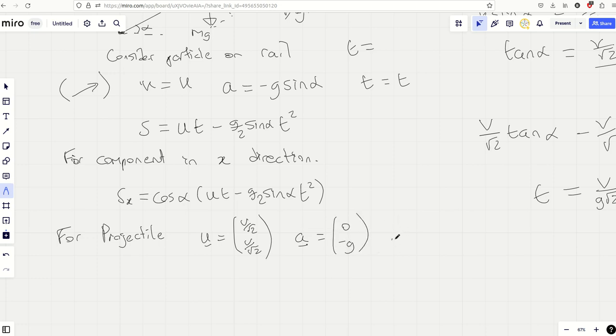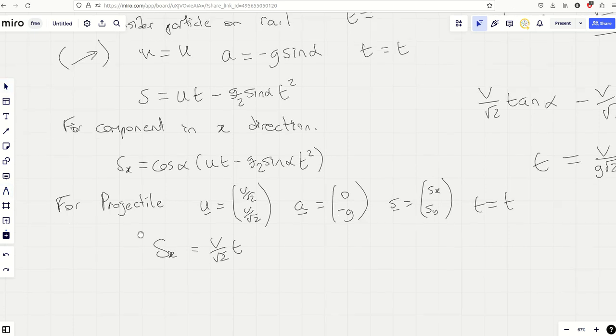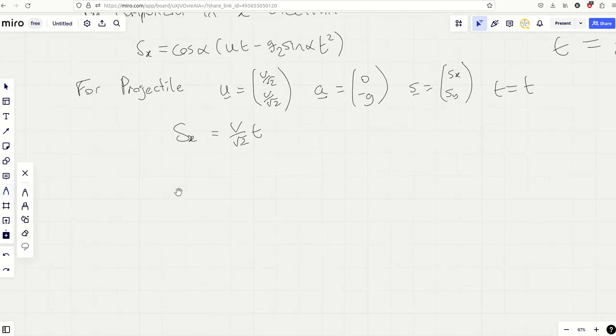You've got s equals, well, we're looking at sx, sy here, but I'm interested in sx and t equals t again. So you're going to have sx equals just v over root 2 t. So we can say that one equals this one, yeah? That's what we can say, because the displacements in the x direction should be the same. And then basically this rearranges into the answer, yeah?